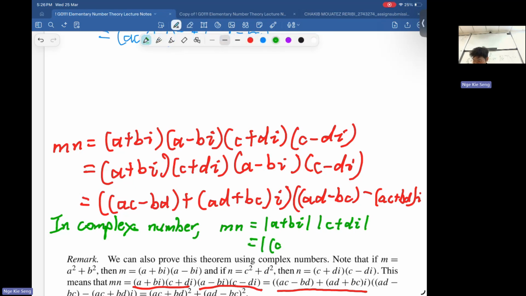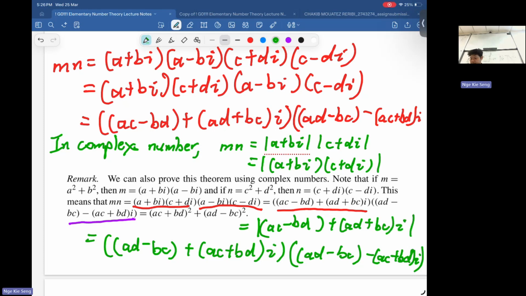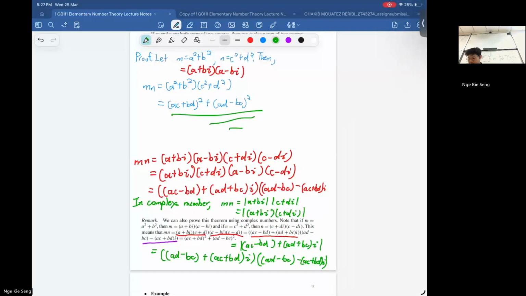Then you can combine them together, and this is the norm of AC minus BD plus AD plus BC i. Then from here you can get this term here. So if you learned complex numbers before, then maybe you are okay.